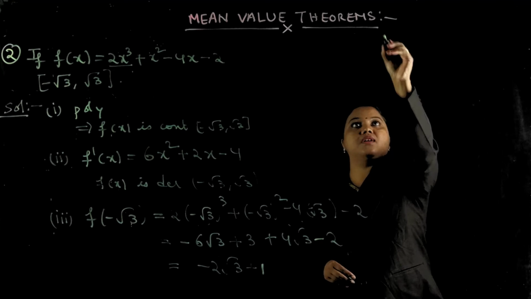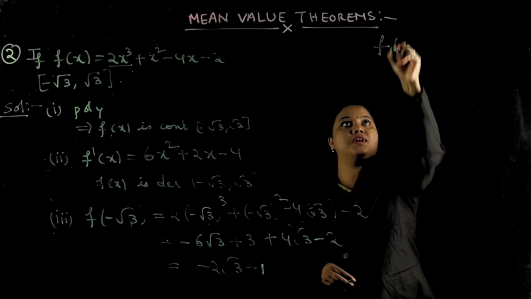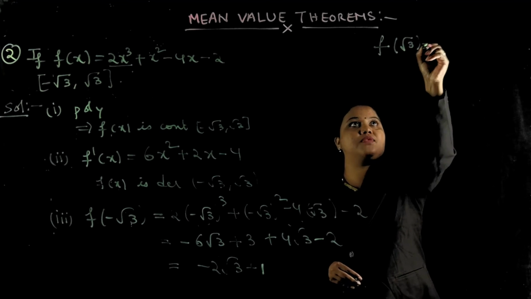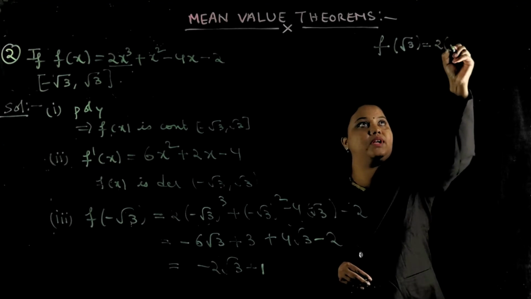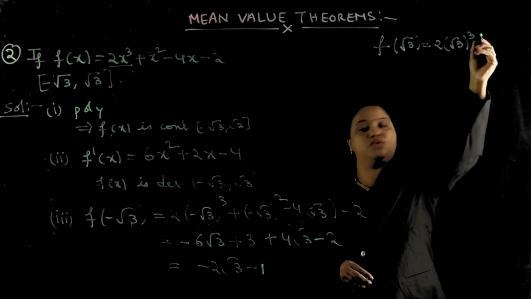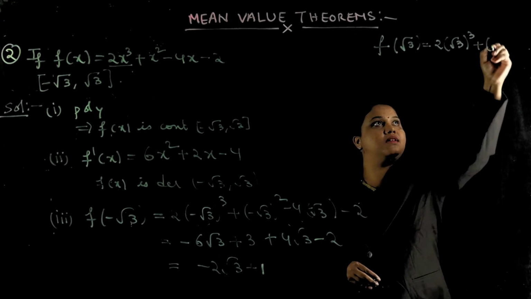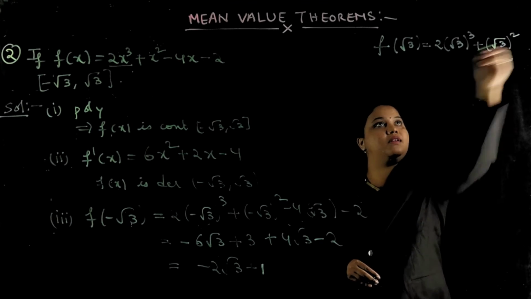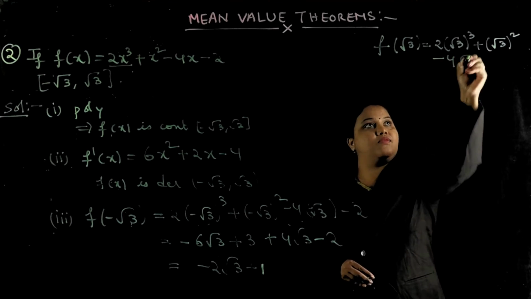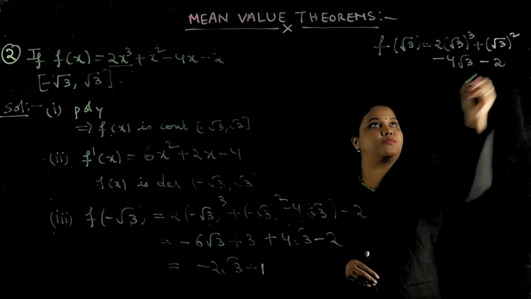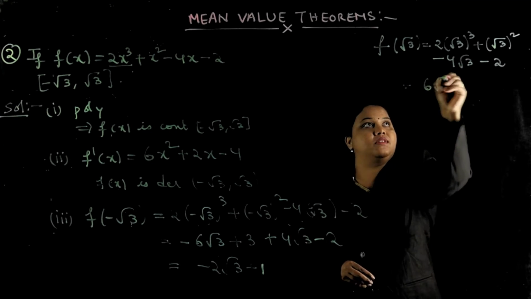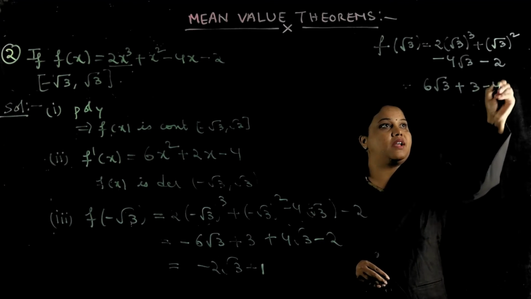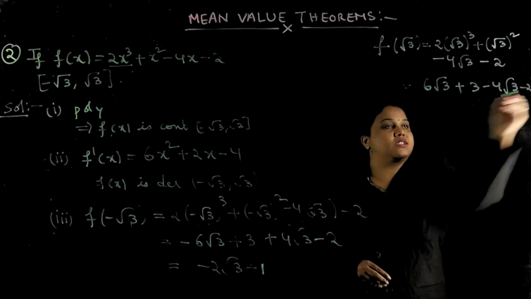Now let us check what is f of root 3. So this f of root 3 is nothing but 2 into root 3 cube plus root 3 square minus 4 root 3 minus 2. So this will be 6 root 3 plus 3 minus 4 root 3 minus 2.